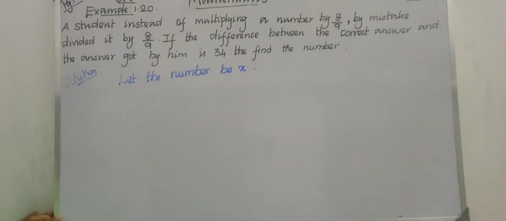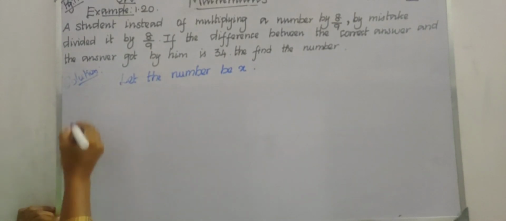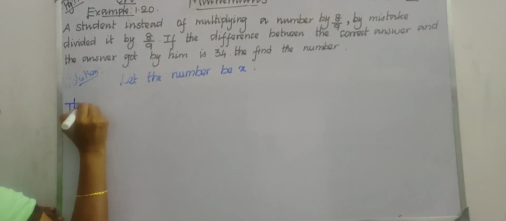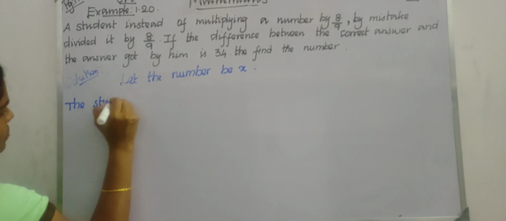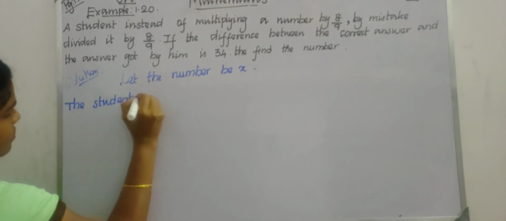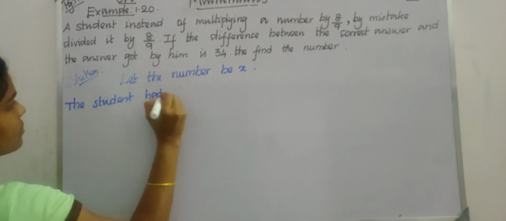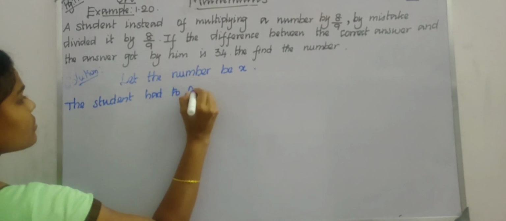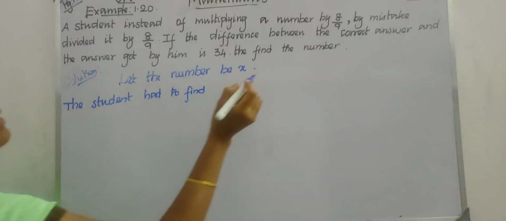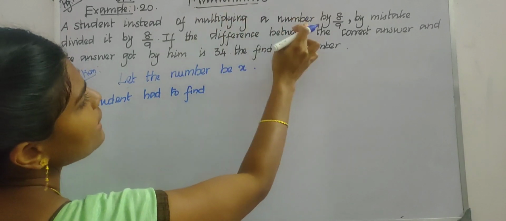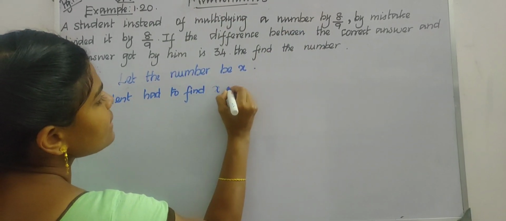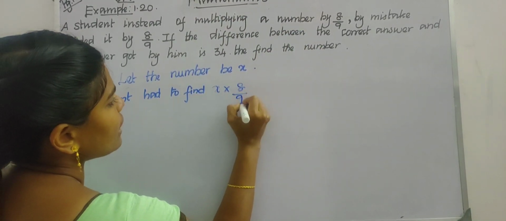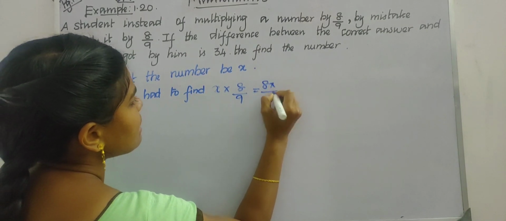Let the number be x, so that the student had to find x into 8 upon 9, that is 8x upon 9.